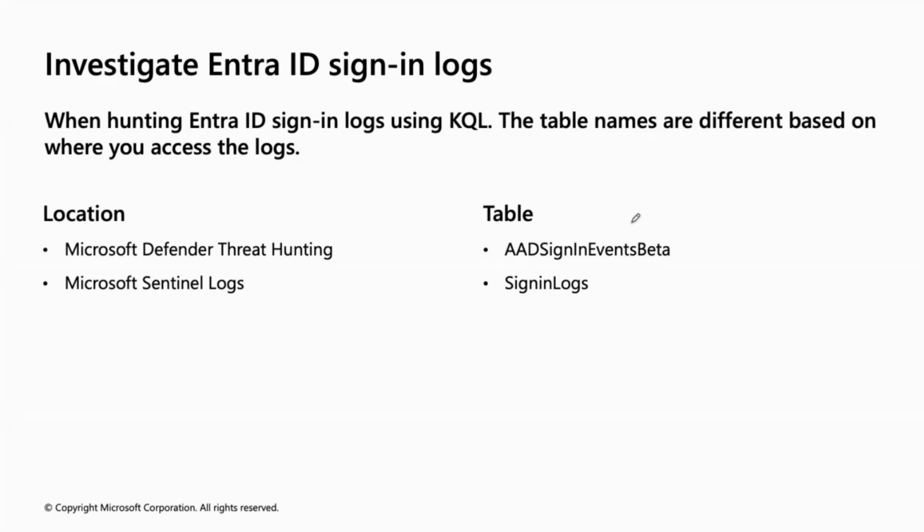When you are hunting, you can use the query for Entra ID sign in log. You can see the users who have signed into the application, signed into the services. You can collect these logs via Microsoft Sentinel log, or you can get it with Microsoft Defender threat hunting, or you can use the table sign in log. Let me show you.